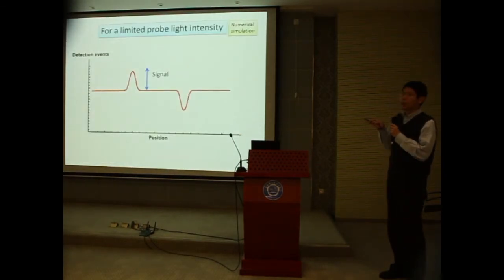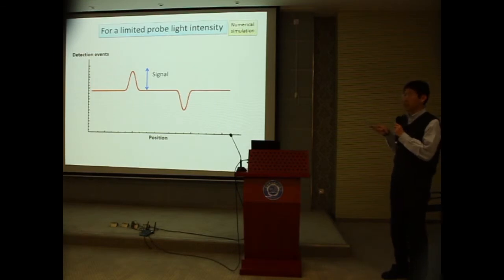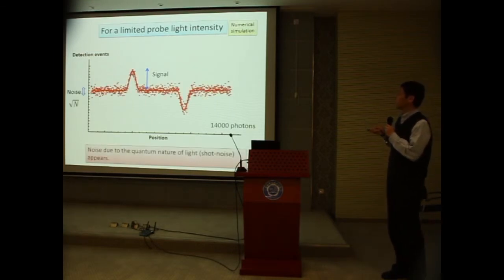And then let's consider the case where probe light intensity is limited. This is a calculation with 14,000 photons for each spot. In this case, this is the theoretical curve.